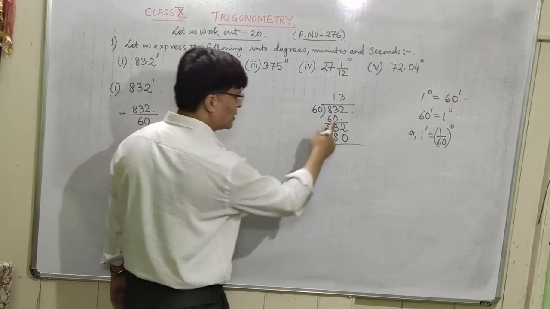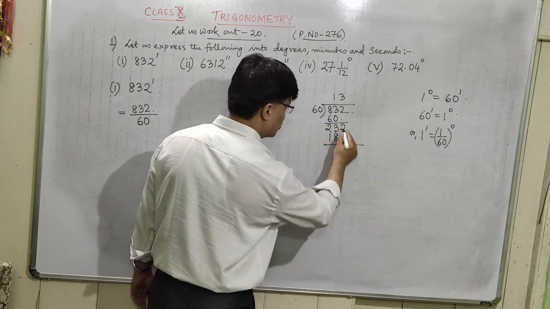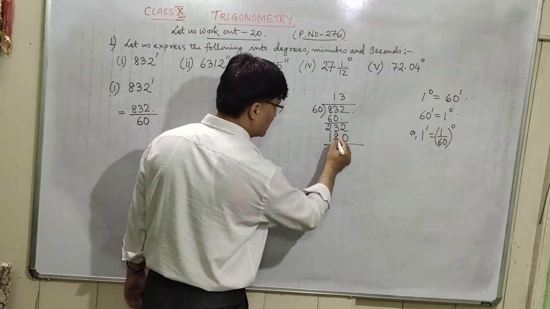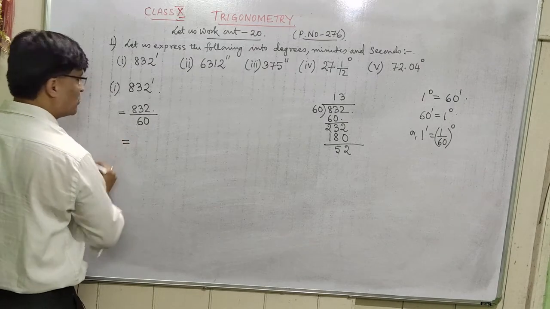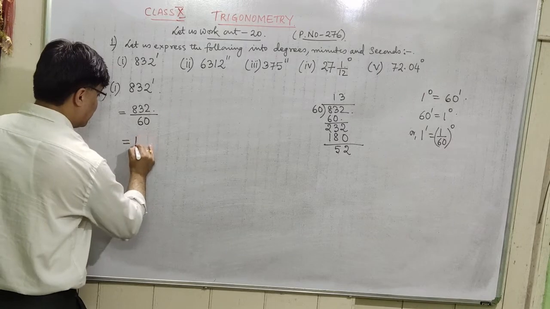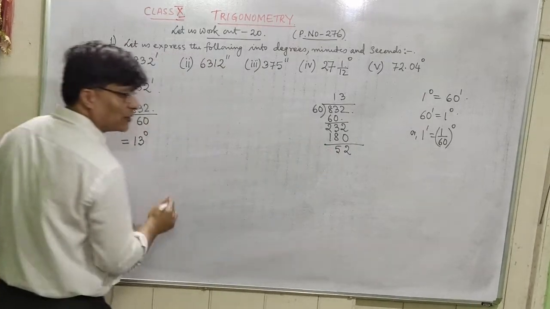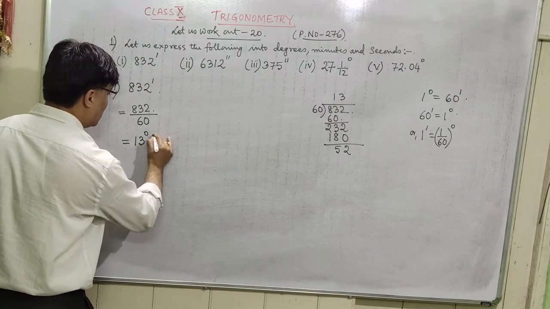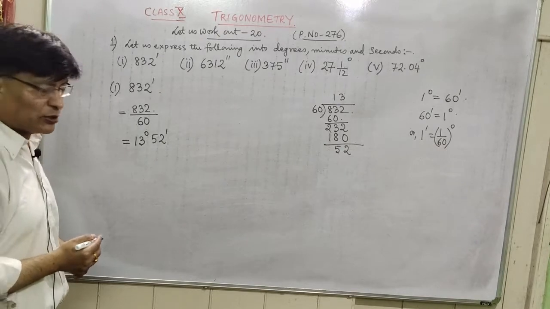Right? So what is the remainder? It is 2 and 8. And this is 2 minus 0 is 2. And this is 13 minus 8 is 5. So this is your 13 degree. And this is the remainder 52. That 52 will be the minutes. Okay?